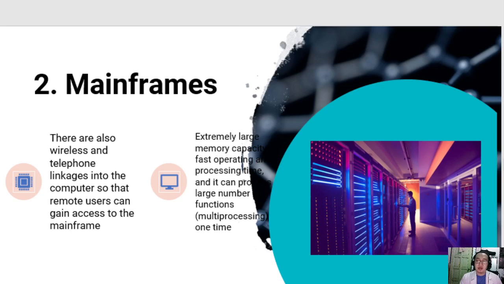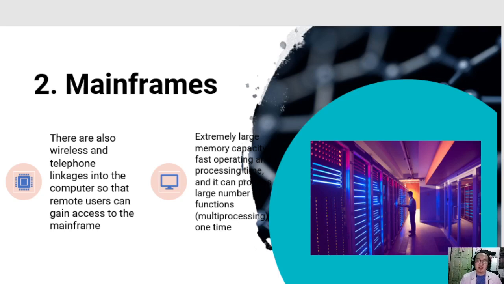There are also mainframes with wireless and telephone linkages into the computer, so that it can perform remotely. As compared with a desktop or a PC, a mainframe has an extremely large memory capacity.